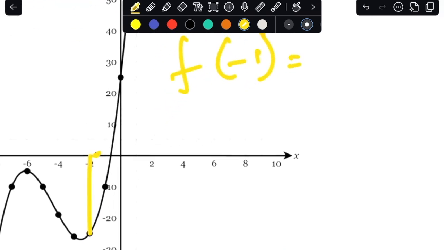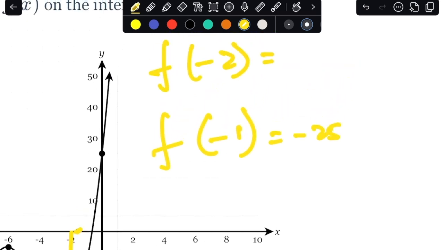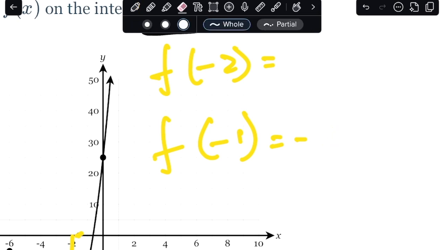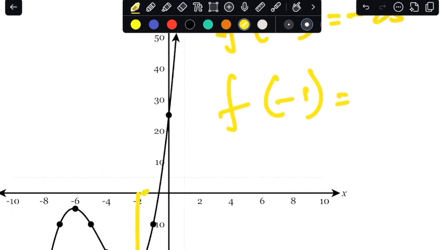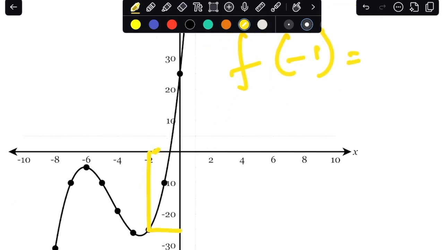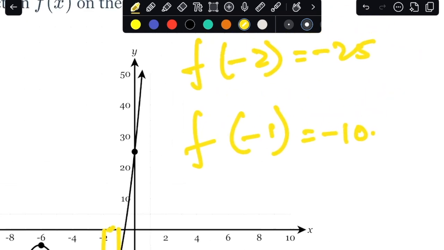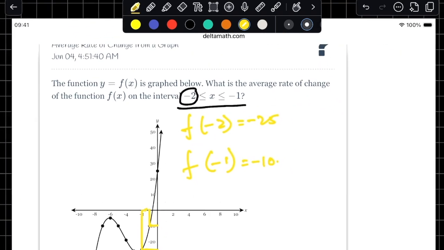If I increase that, I can see at -2 the value is, I guess, -25. Similarly, f of -1, let's look. Here is the value, this is -10. So those are the two values I am interested in.